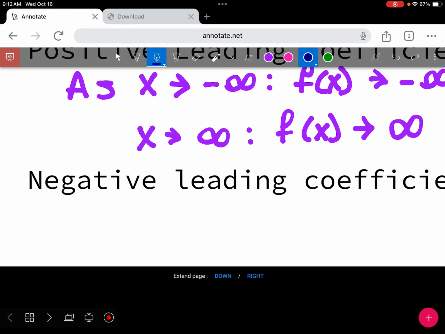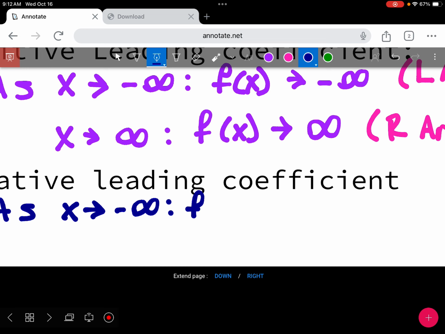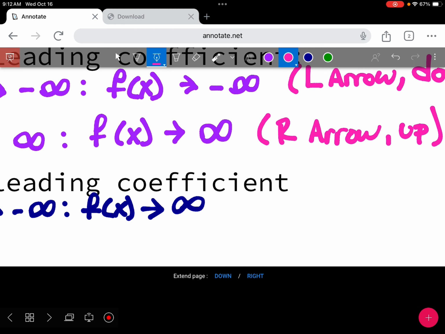So we're going to have as x approaches negative infinity, what does my f of x approach? Positive infinity. Absolutely right. Good. Again, that's my left arrow is going up on this one.